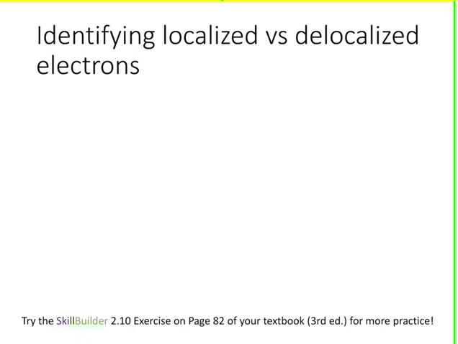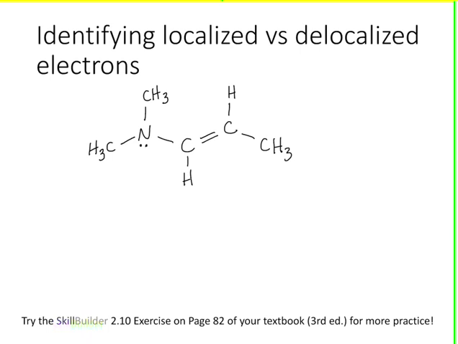So we've got a nitrogen bonded to a methyl group, CH3. It's also bonded to a second methyl group. And then we've got a carbon double bonded to another carbon. And that carbon has a CH3 group. Okay. And then nitrogen also has a lone pair of electrons.